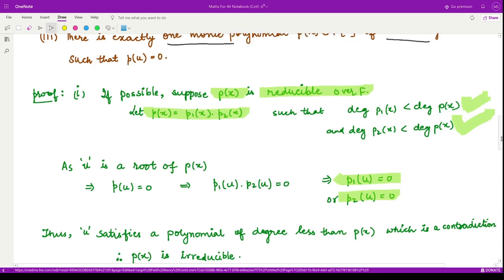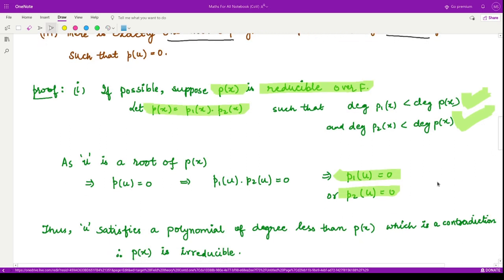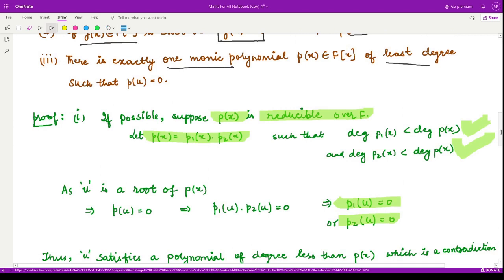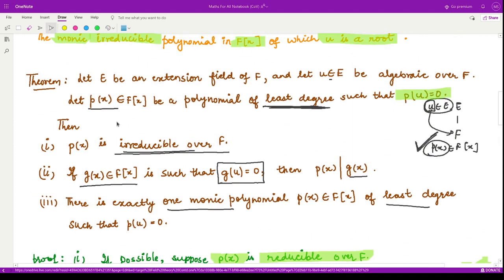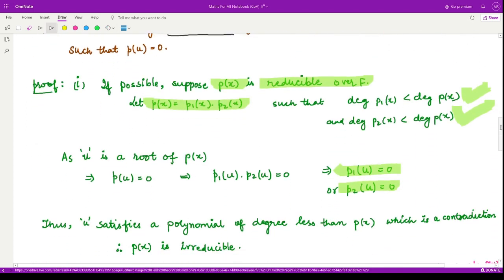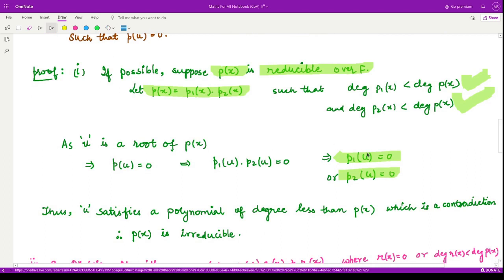So this comes out to be a contradiction, because we have assumed that p(x) is the polynomial with least degree such that u satisfies this. But here we obtained some polynomial of lesser degree than p for which u is the solution. So this is a contradiction. That means whatever we have considered was wrong. Therefore, the polynomial p(x) is an irreducible polynomial.